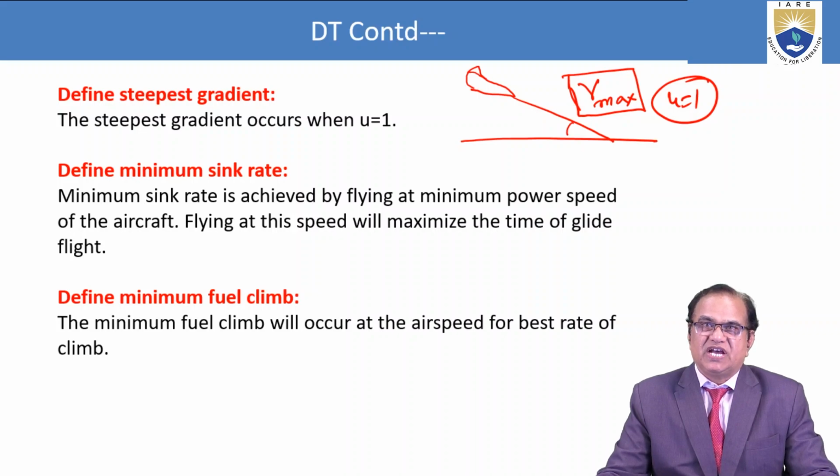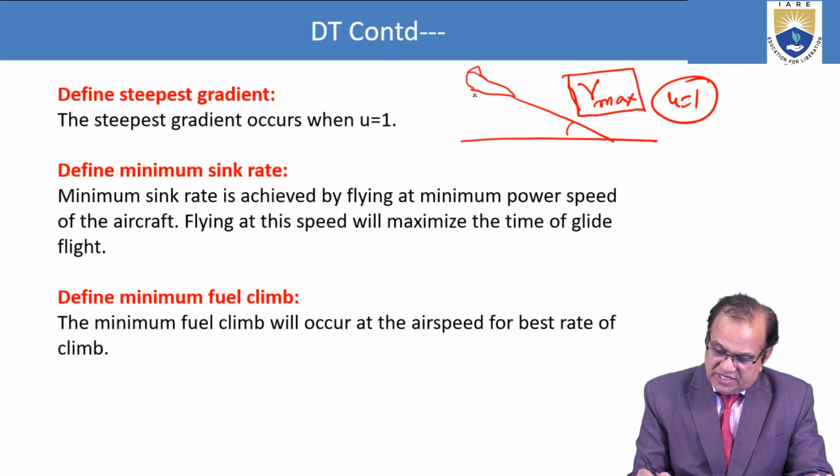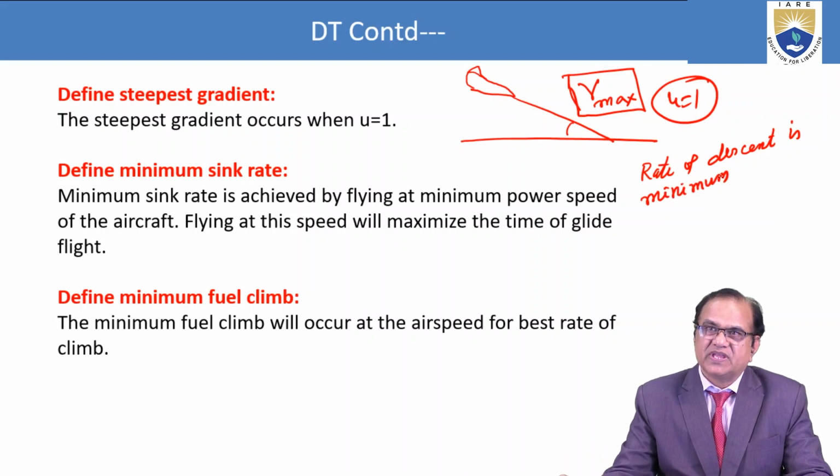Define minimum sink rate. Minimum sink rate is achieved by flying at the minimum power speed of the aircraft. Flying at this speed will maximize the time of glide flight. So minimum sink rate means the rate of descent is minimum.